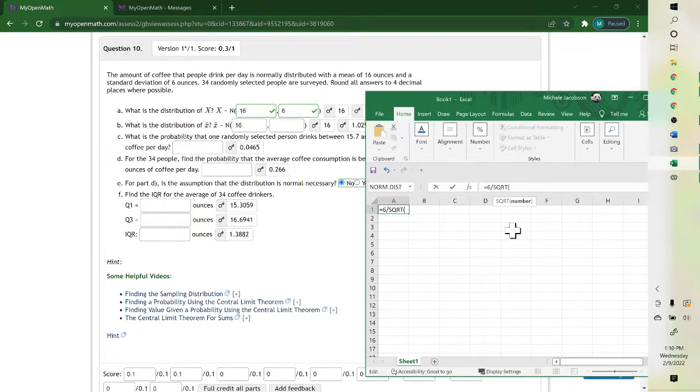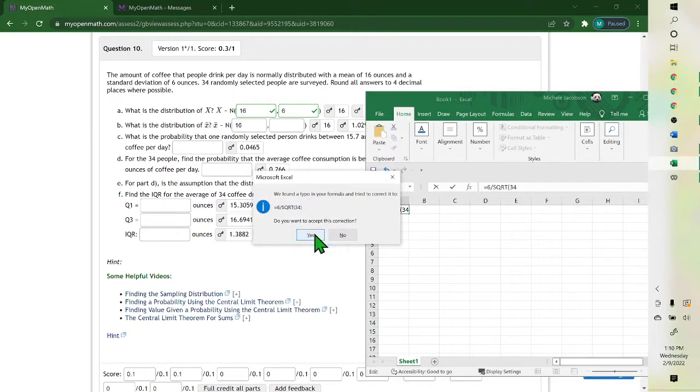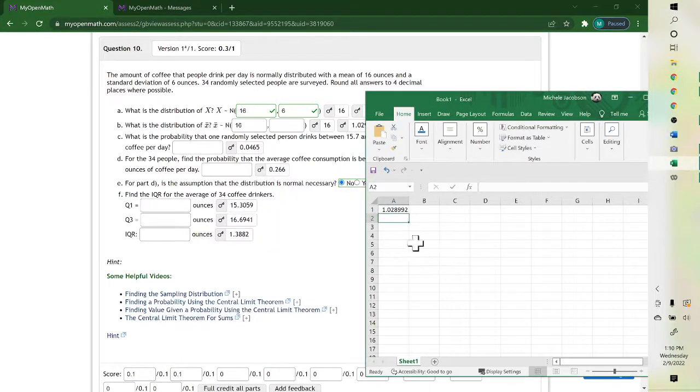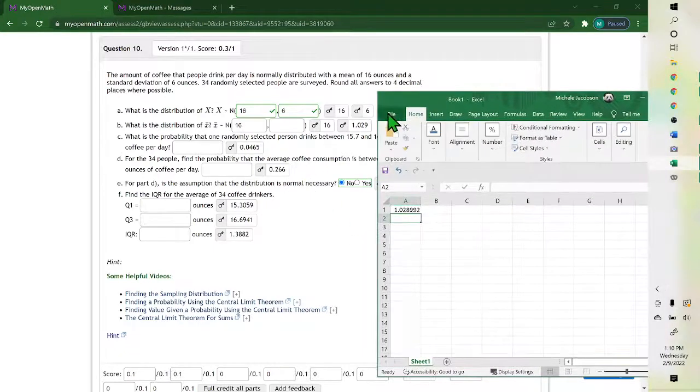N is how many there are, and our sample is 34. And we get 1.029. So it's the standard deviation divided by the square root of the sample size.